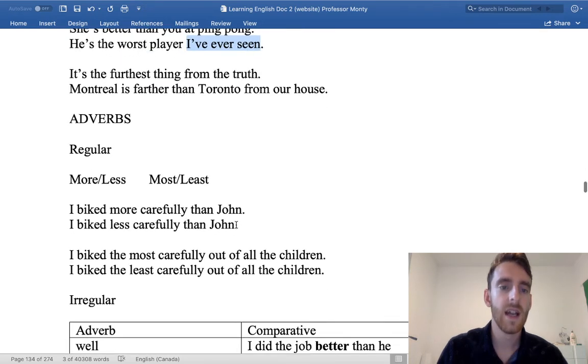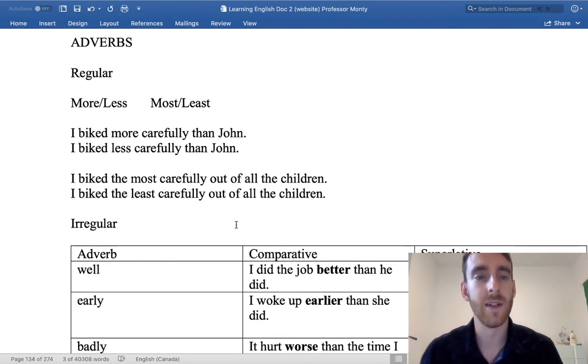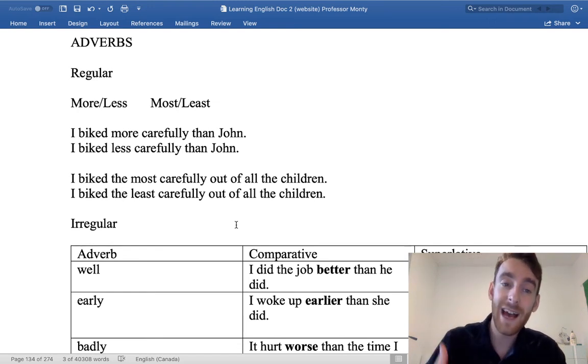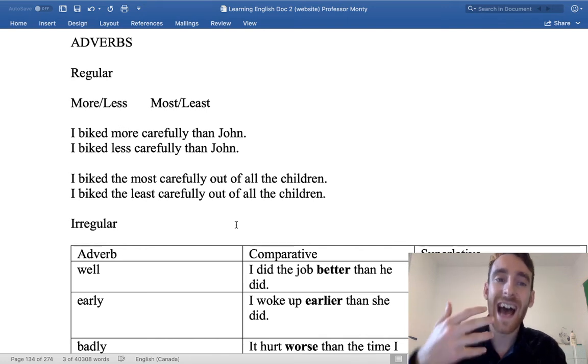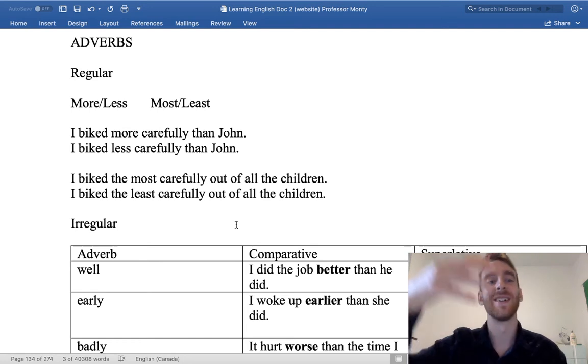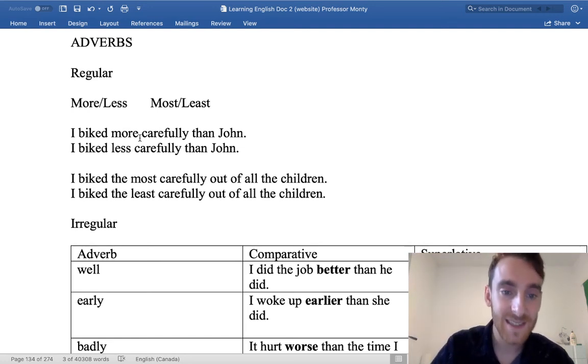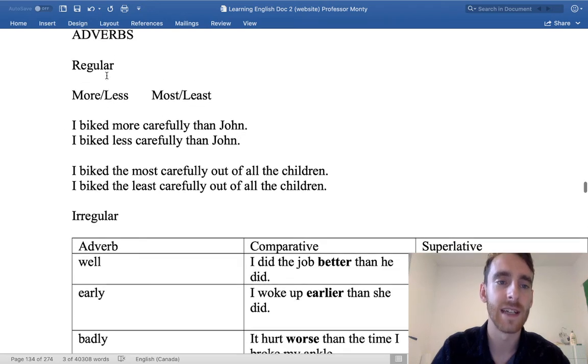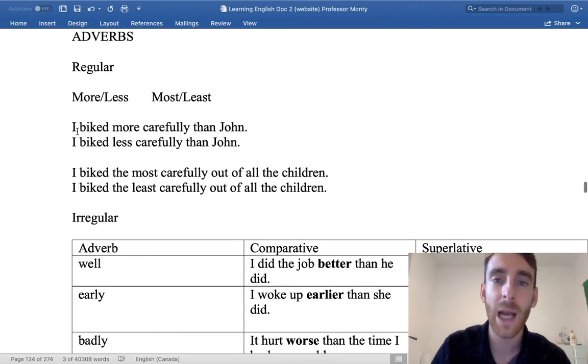Now, guys, on another note, we can also use comparatives and superlatives with adverbs. I was going to say adjectives, but adverbs. So I biked more carefully than John. Adverbs describe verbs, so to bike.